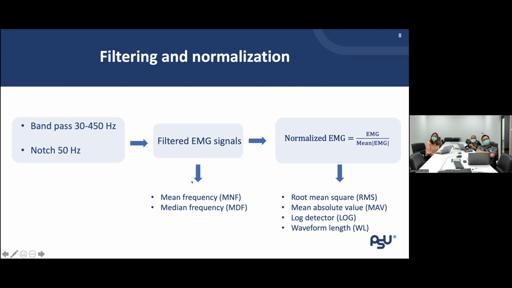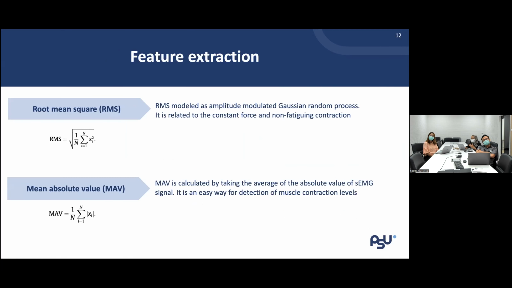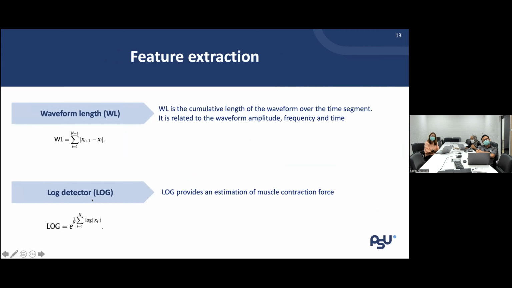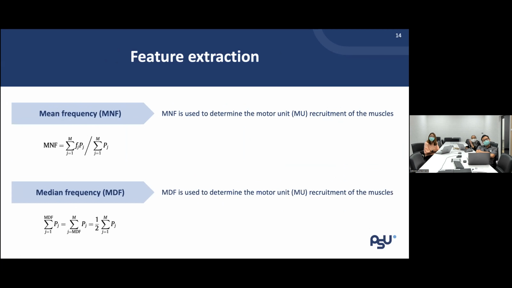That means I did not normalize for the frequency domain. This is the feature extraction from the time domain: root mean square, mean absolute value, waveform length, and log detector. I want to look at the level of muscle contraction. For the frequency domain, I want to look at motor unit recruitment.